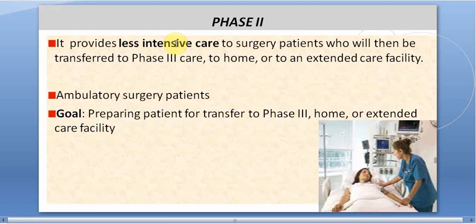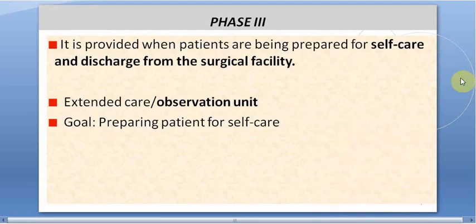After phase 2, once the patient's vitals are stabilized and the person is all right, you will usually move the patient to phase 3. That is referred to as phase 3, where the patient needs to just be observed. Maybe you are keeping the patient under observation.